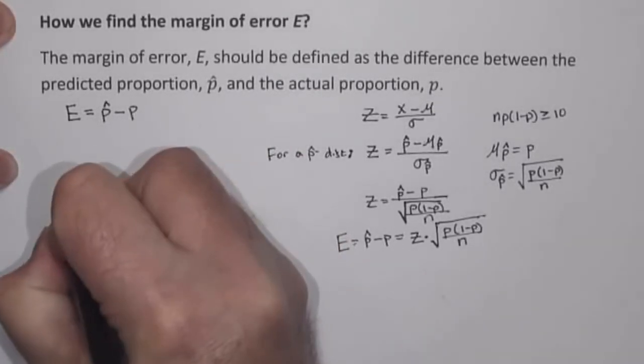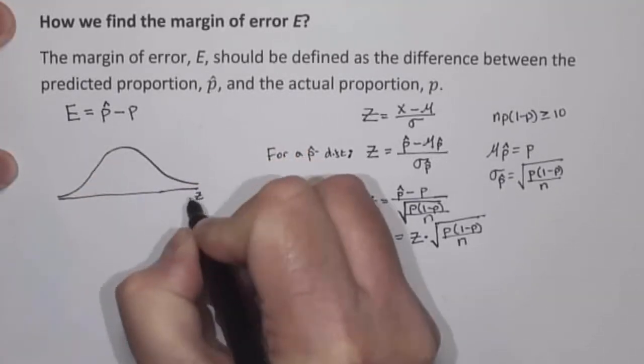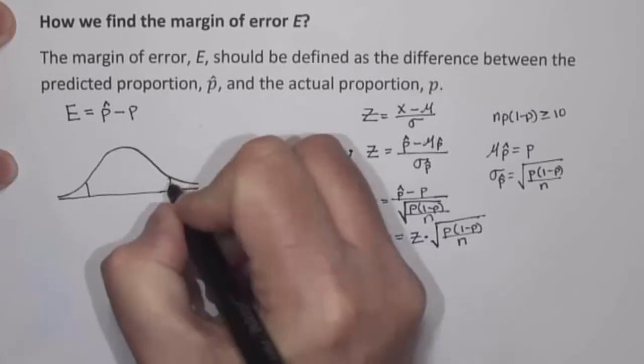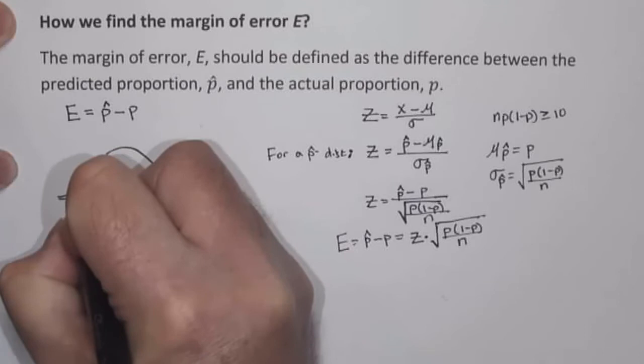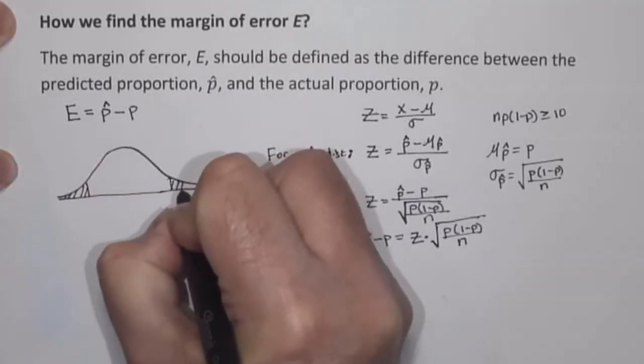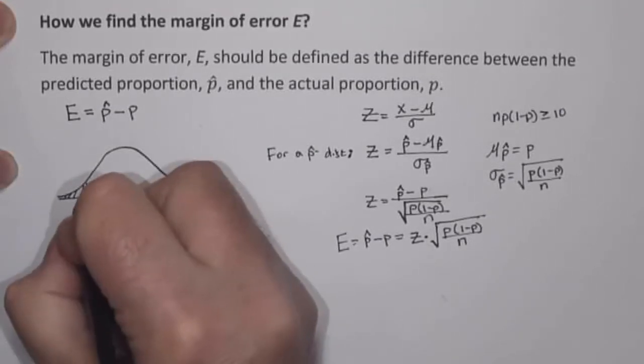So, for example, if here is a normal distribution, so here is a z-score, so that this total area in the two tails is alpha.